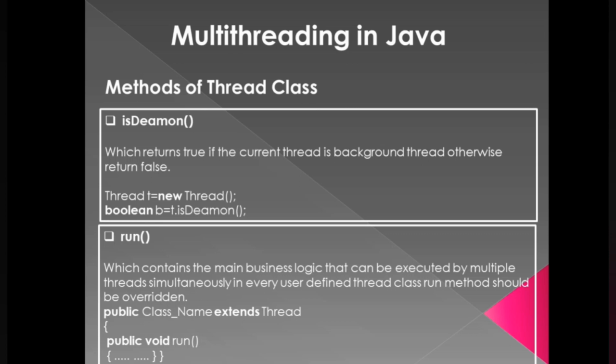Next one we have the run method, which contains the main business logic that can be executed by multiple threads simultaneously. In every user-defined thread class, the run method should be overridden.